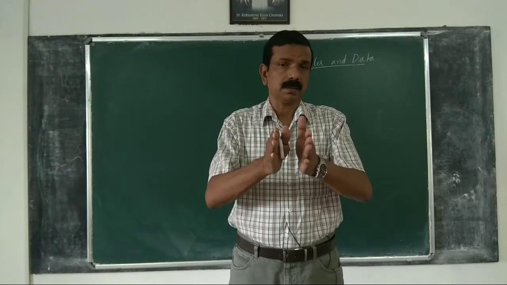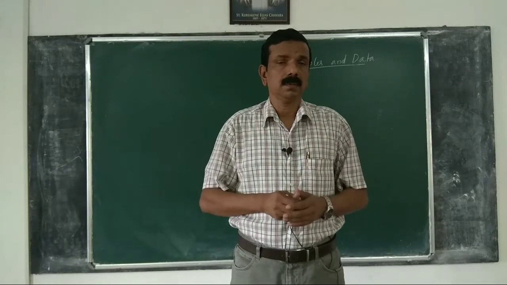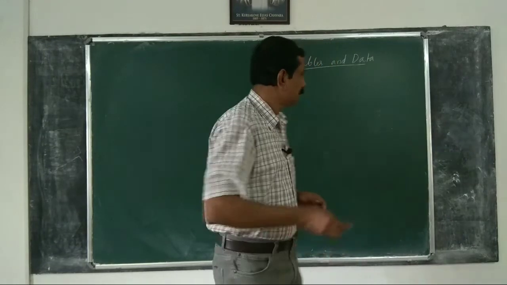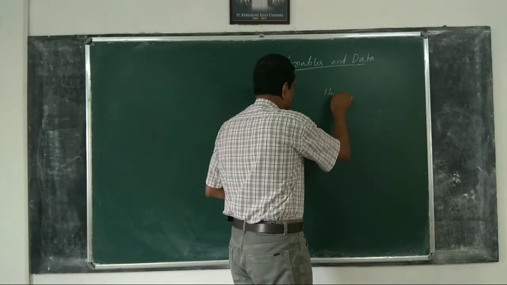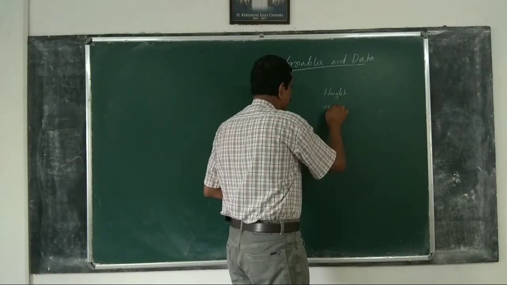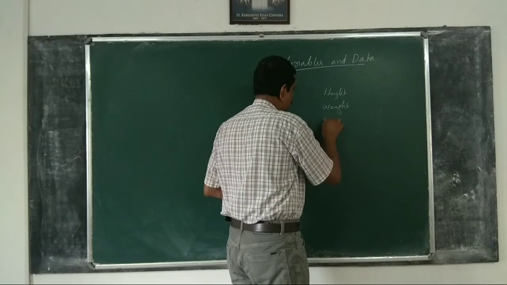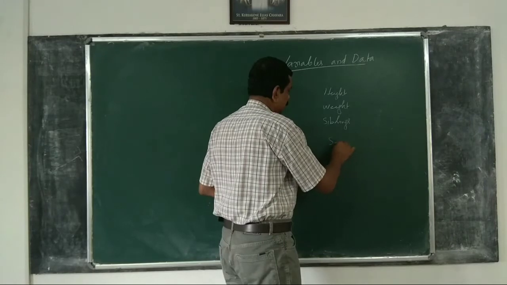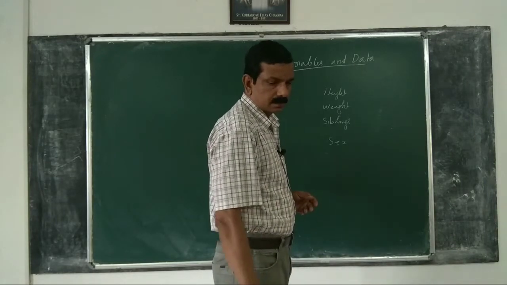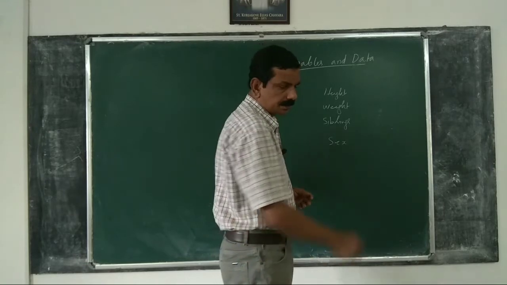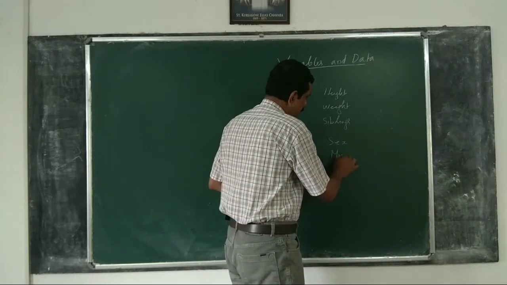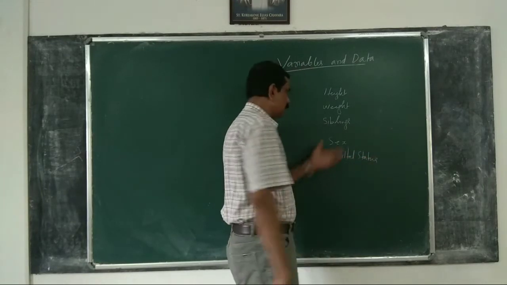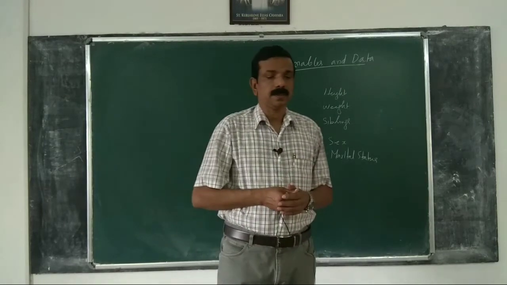Examples: height, weight, number of siblings, sex, marital status. These are all examples of variables.